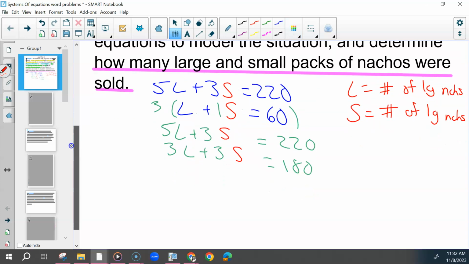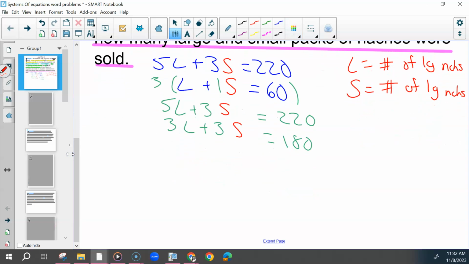Now if we wanted to eliminate our S's, would we add these two or subtract them together? Subtract. So we have 2L, those are going to become 0. 220 minus 180 would give us 40.